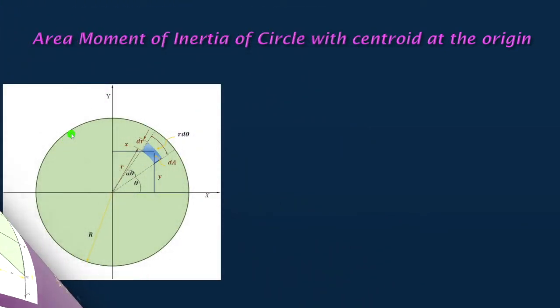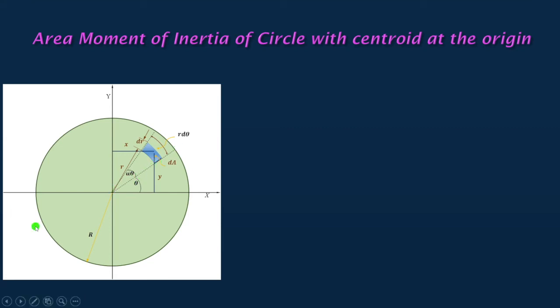Here now it is the area moment of inertia of a circle with centroid at the origin, so the axis is passing through the centroid. Let's consider the x and y axes, and we have considered an elementary area like this.